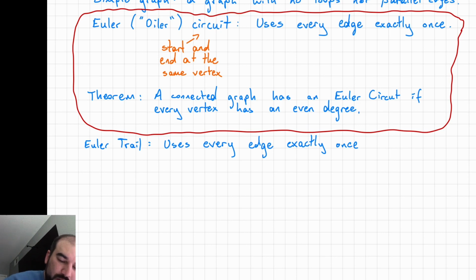So an Euler trail will use every edge exactly once, but what a trail is, is that it will start and end at different vertices.